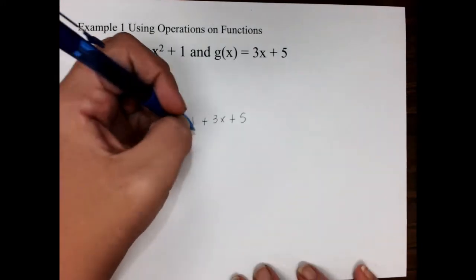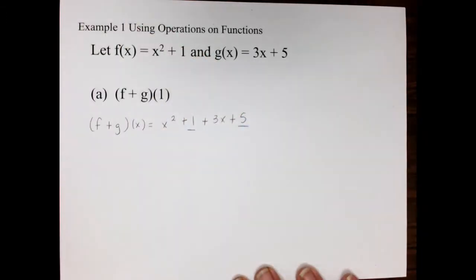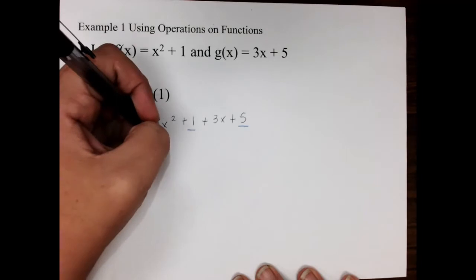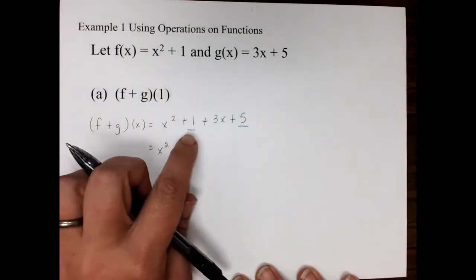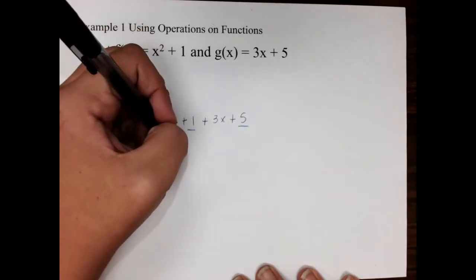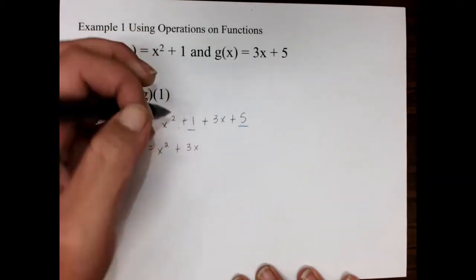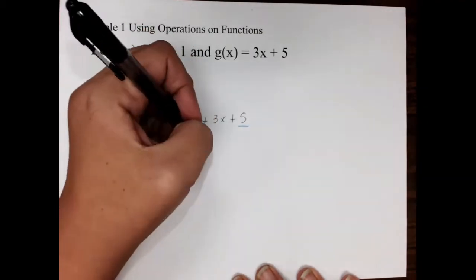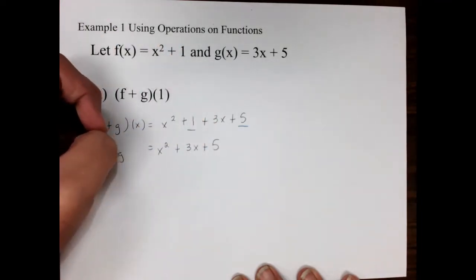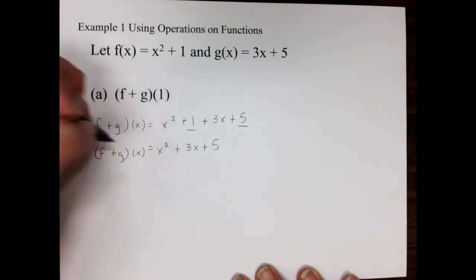The only two like terms I've got here are the two constant values. So we end up getting x squared, and traditionally we always keep the constant values at the end, so x squared plus 3x, and then 1 plus 5 gives me 6. So this is f plus g of x.